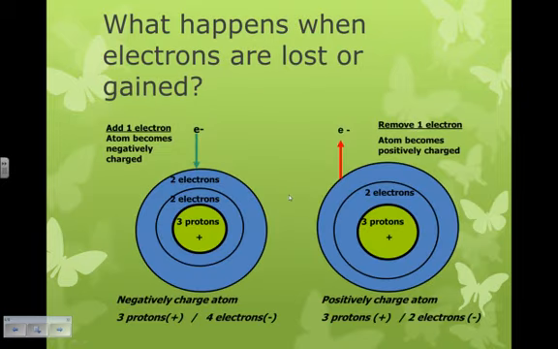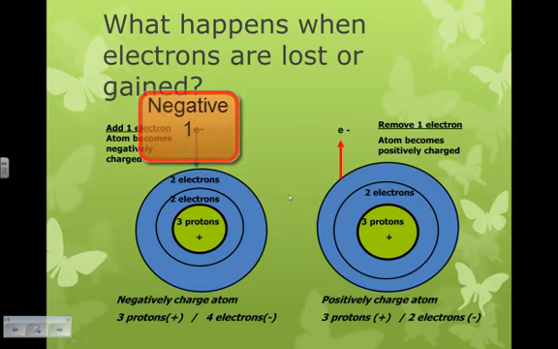So what happens when they're gained or lost? I've kind of already talked about this. Here we have 3 protons and 4 electrons, so you have 4 negative charges and 3 positive charges, giving an overall charge of -1.